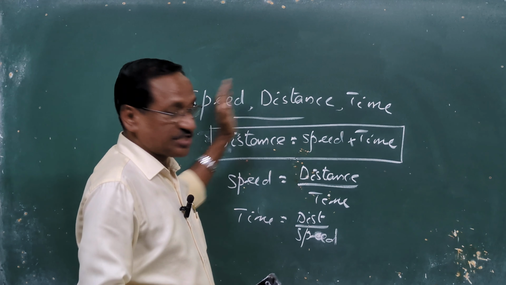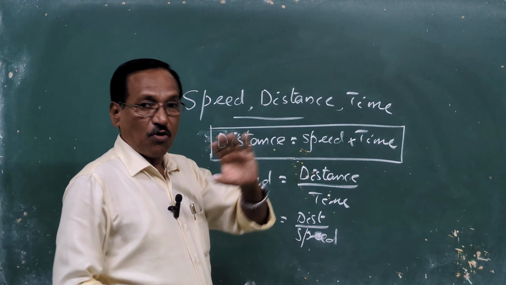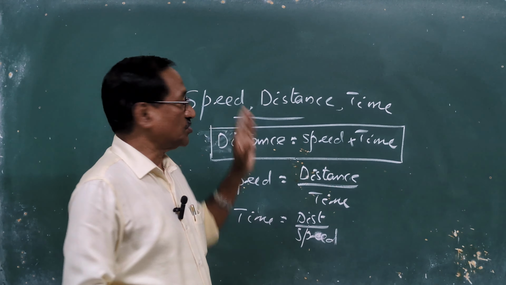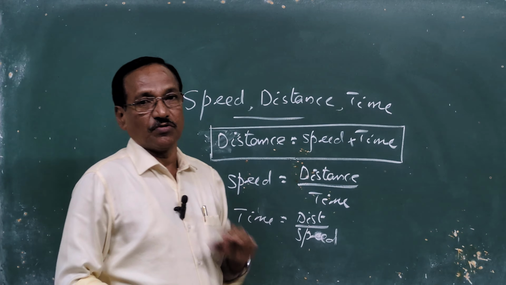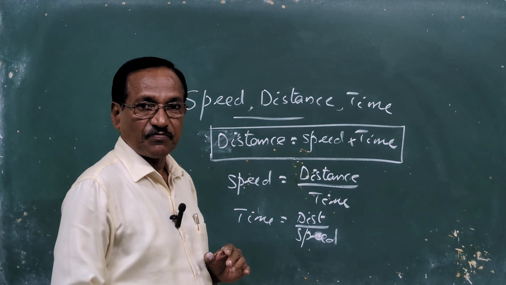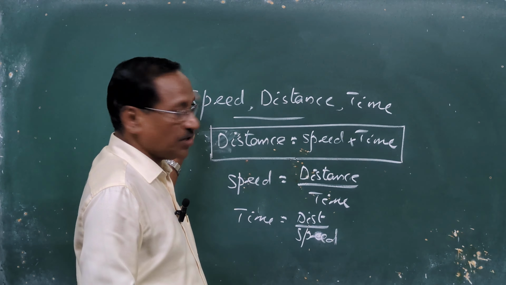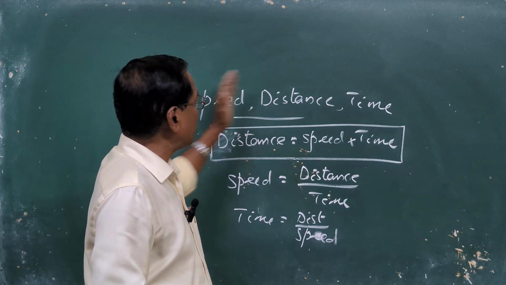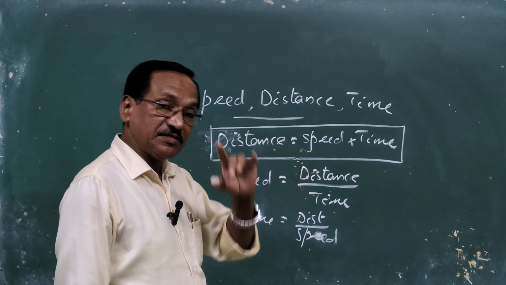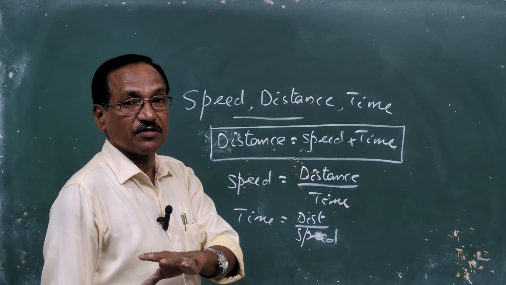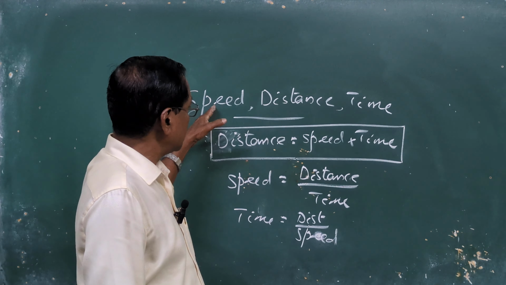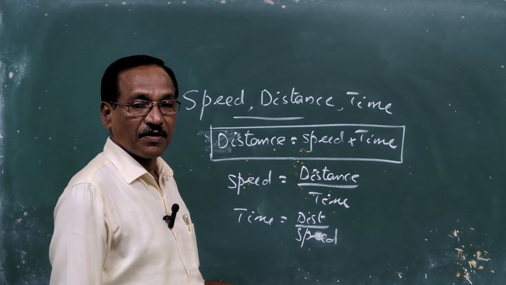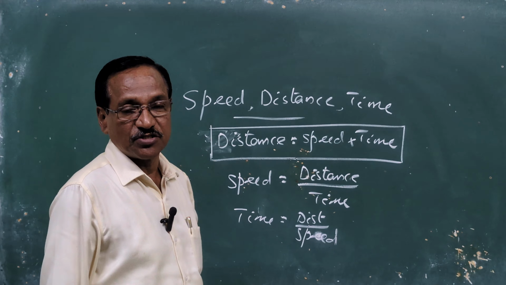So, among these three terms, in a problem, only two terms will be given in the question. Sometimes you may be given speed and distance. Then that question will definitely be to find the time.